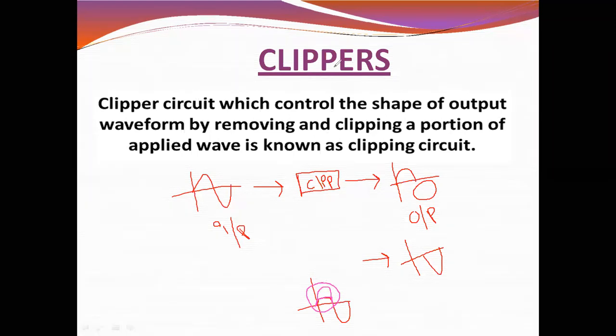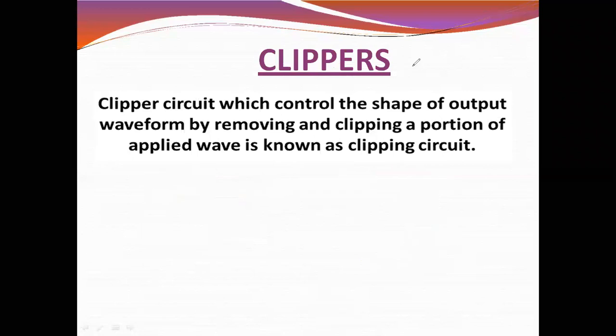Now what is the need of this clipper? Suppose I get an output like this. What do these spikes represent? These spikes represent distortion.